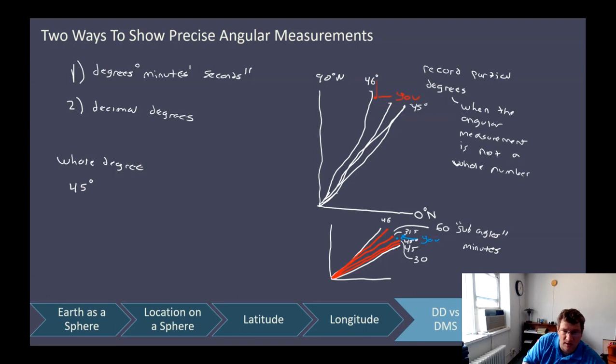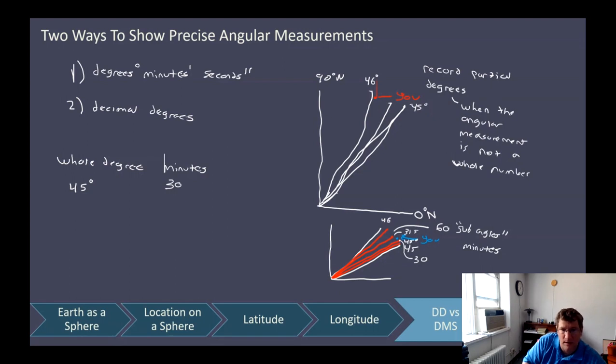So we start off with the whole degree, and then we specify subdegrees called minutes. In this case, if this one's 30 and this one's 31, it would be 30 minutes, because we have 60 subangles. We divide the distance between 45 and 46 60 times.